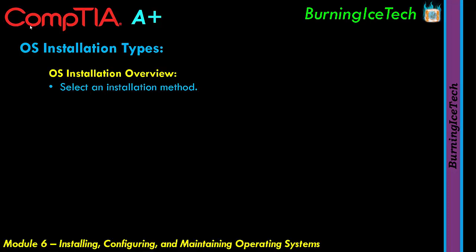Now what is meant by this is, are you going to do a clean install? In other words, is it going to be a fresh copy, brand spanking new Windows, where it's basically blank for the most part? Or are you going to be doing an in-place upgrade? What they mean by in-place upgrade is you have an existing operating system of some kind on your machine and you would like to upgrade that to a newer, better version of Windows.